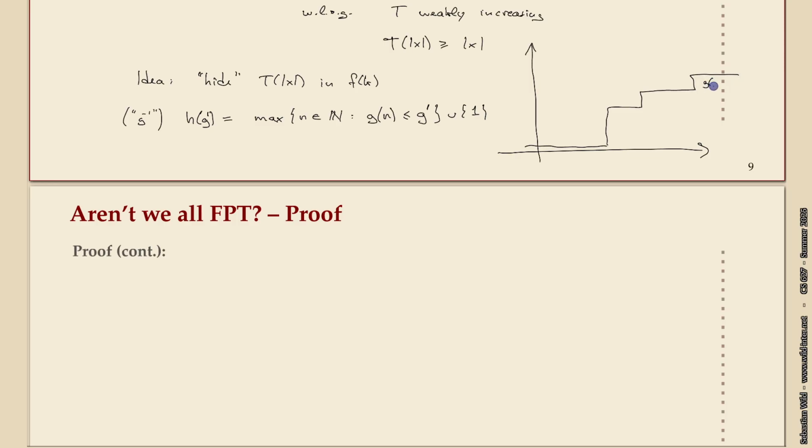So say that is g of n. And our function h will be, if we put some threshold here of g bar, our function h would pick the largest n so that g is still smaller than this.